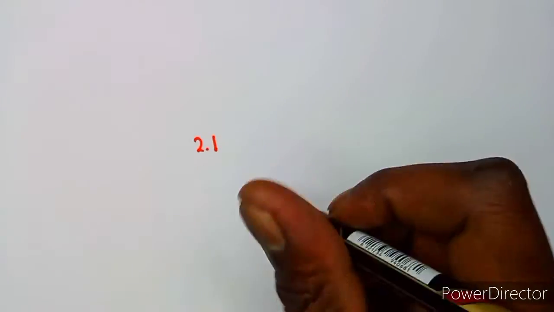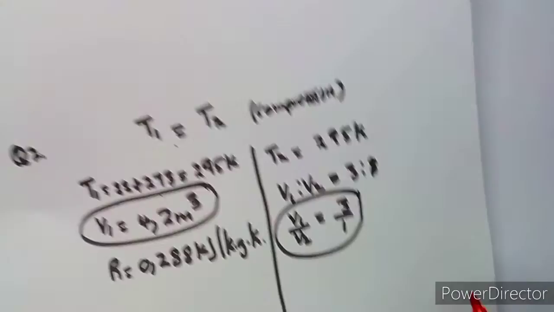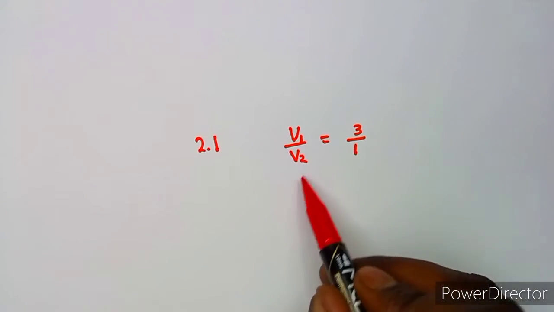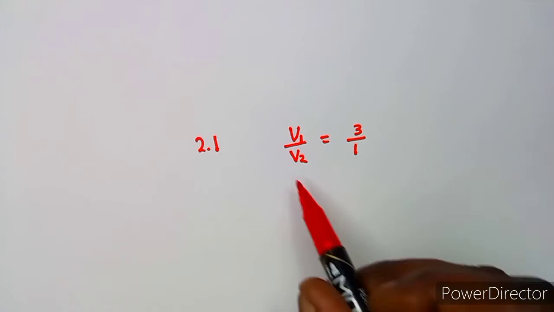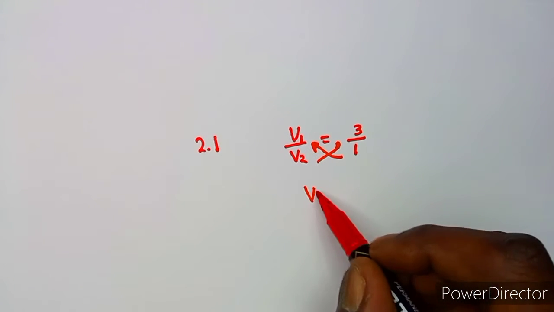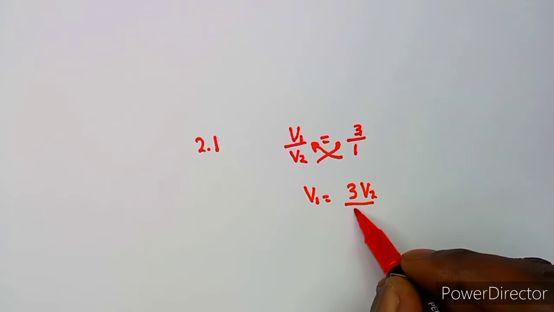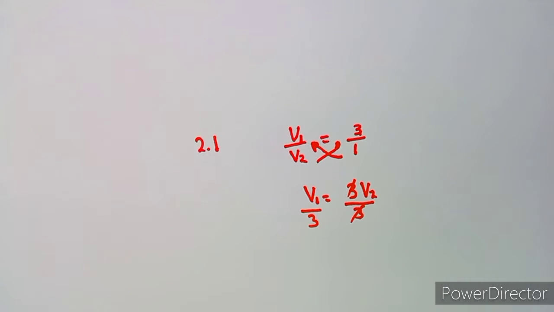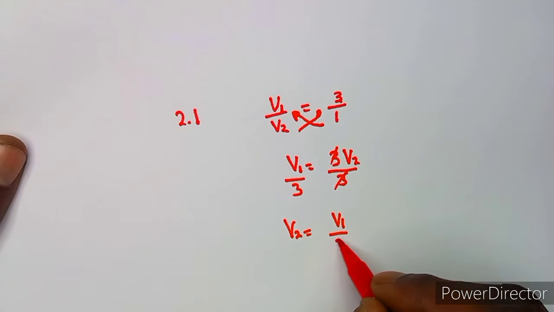Remember, we said V1 over V2 is equal to 3/1 from our ratio. Since we want V2, we can make it the subject. If we cross multiply, V1 is equal to 3 times V2, that's 3V2. We divide by 3 on both sides, so V2 is going to be V1 over 3.